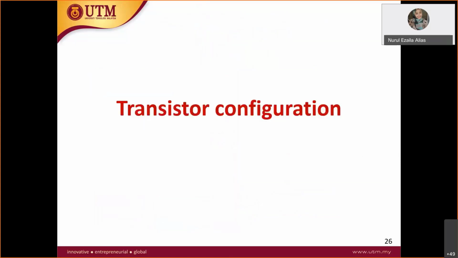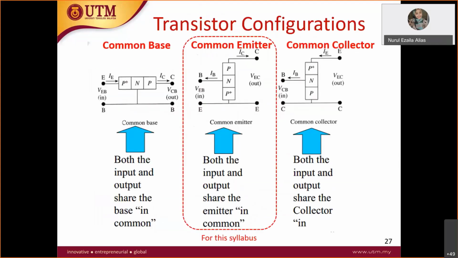Transistor configuration. There are three types of transistor configuration. So far you have learned this is your base, collector, emitter. For example, we are taking the NPN type. So you have three terminals.